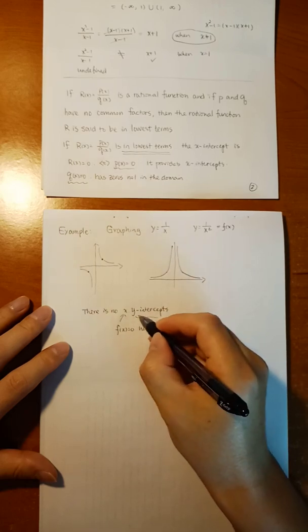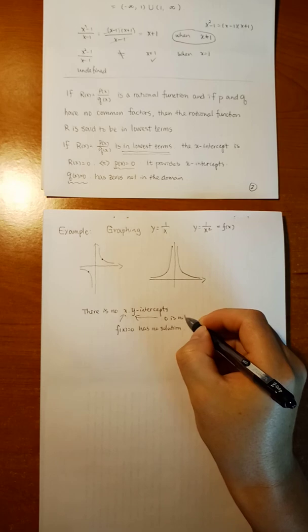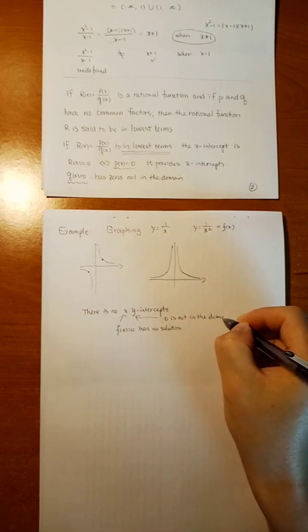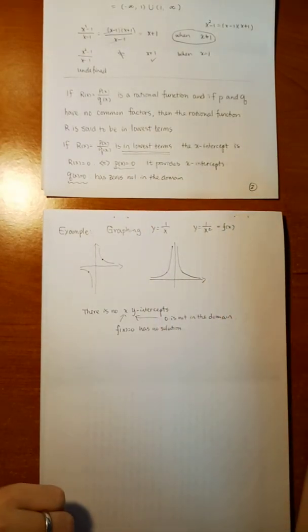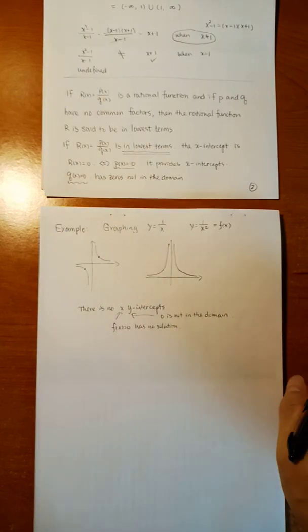No y-intercept is because 0 is not in the domain. So they have different reasons, but we just say they have no x and y-intercept together.